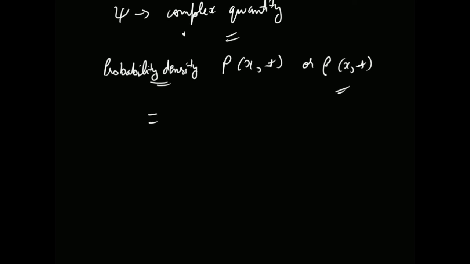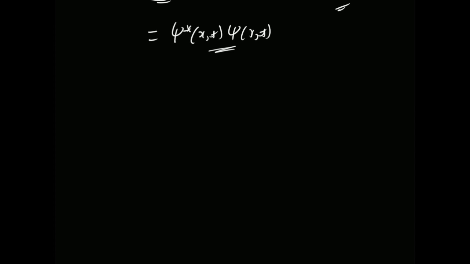It is equal to psi conjugate, that is the complex function's conjugate, times psi. So this becomes a real number, and it gives the position of the particle in the wave function. This is called the probability density.